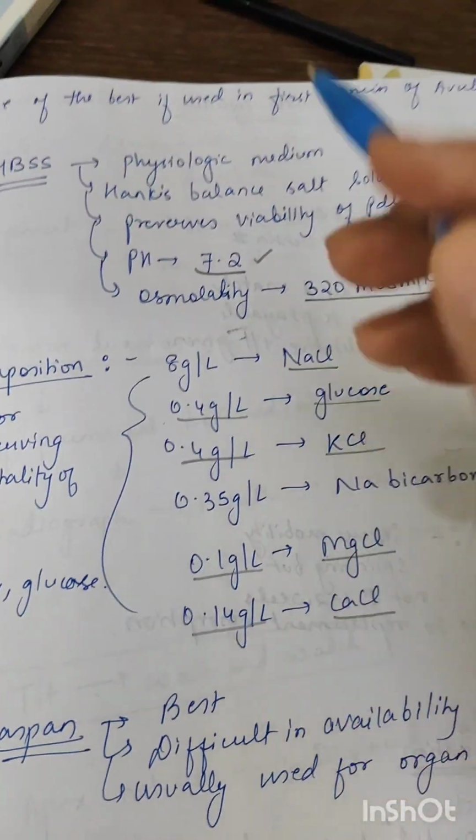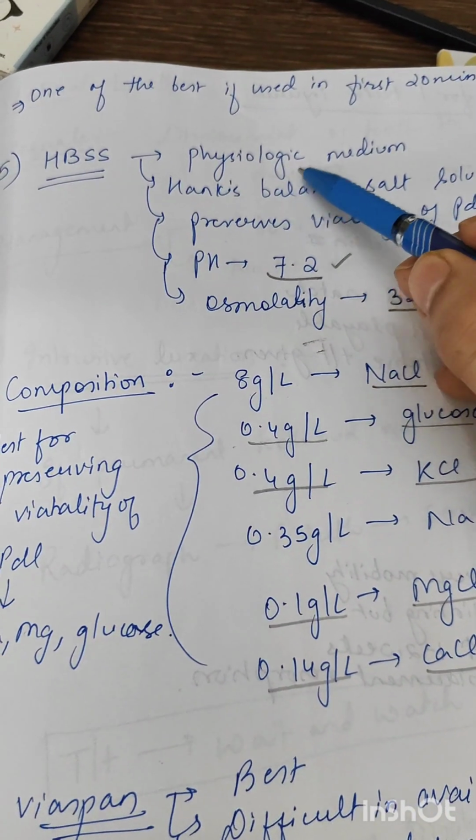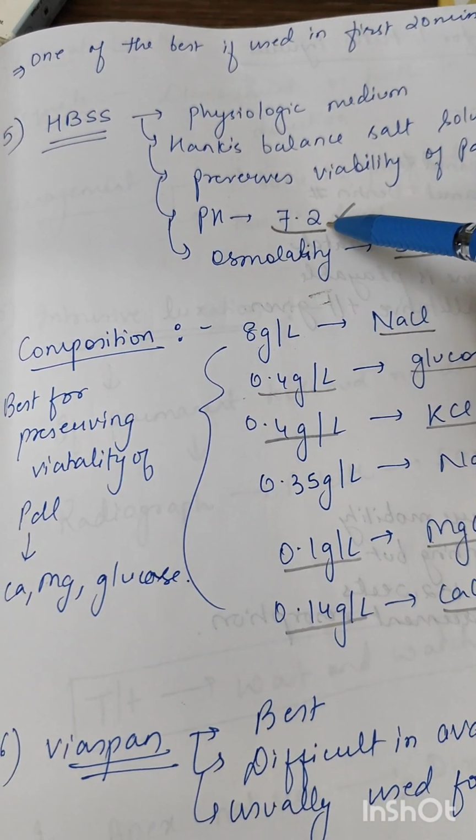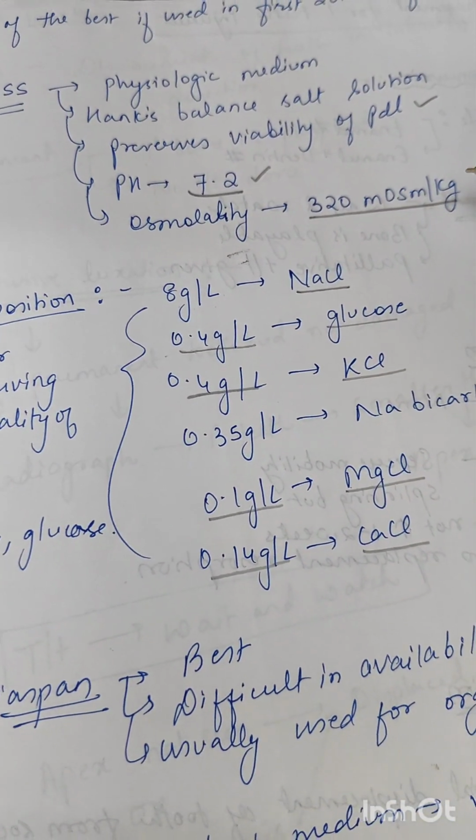It is a good physiological medium. Hank's balanced salt solution preserves the vitality, pH 7.2, osmolarity 320 milliosm per kg.